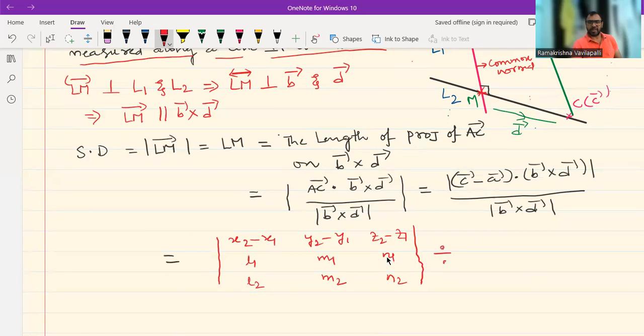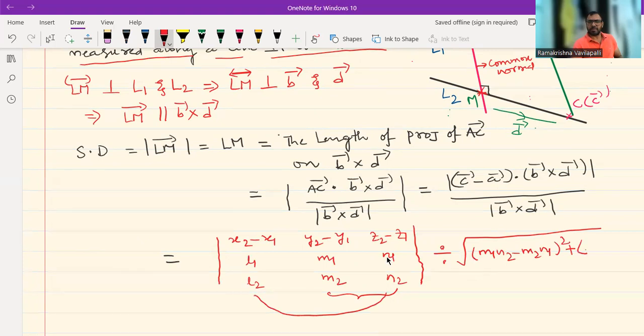So divided by root over the cofactor of x2 minus x1. The cofactor of x2 minus x1 is this, which means that M1 N2 minus M2 N1 whole square plus next cofactor of y2 minus y1, this one.